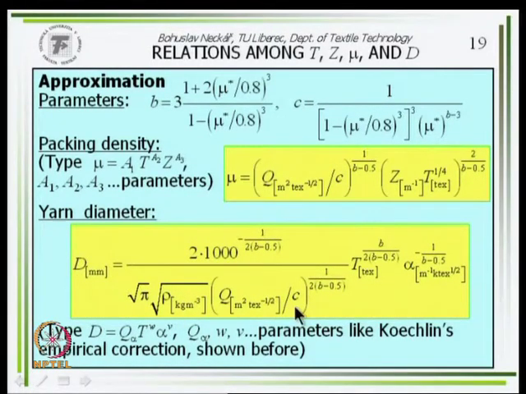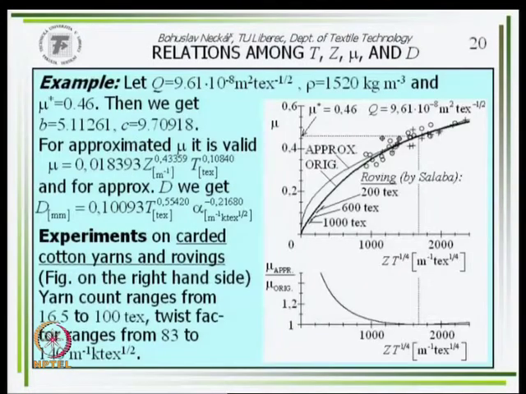So the yarn diameter is the square root of 4 over pi mu rho. From d we obtain this expression. Practically very easy, when we realize that it is a constant times twist to the power of something times alpha to the power of something, the type which was derived earlier as an empirical expression. Now it is shown that it is a regular approximation of the theoretical equation.